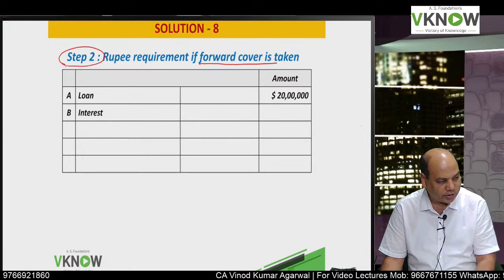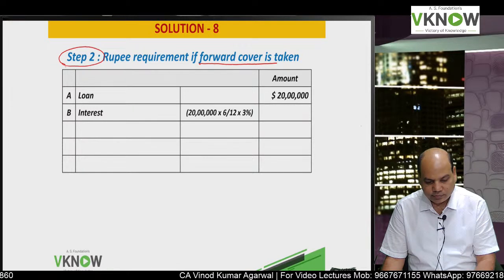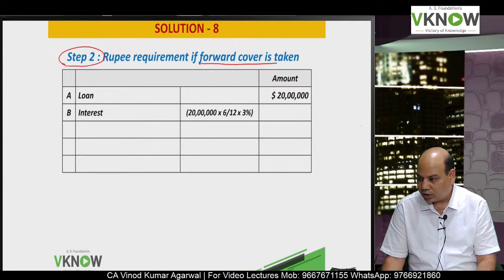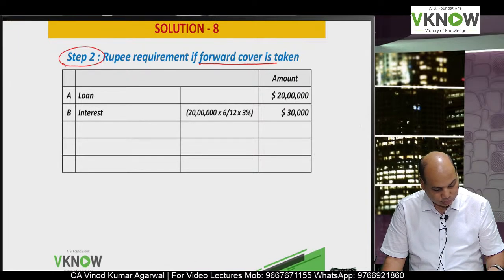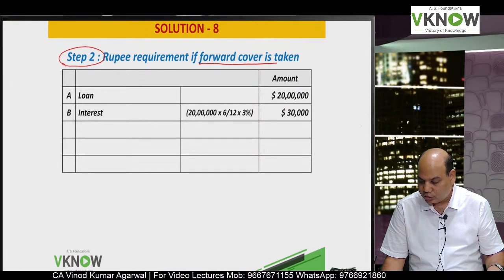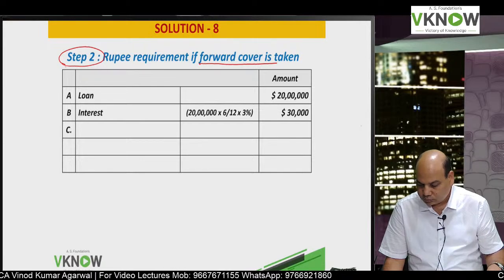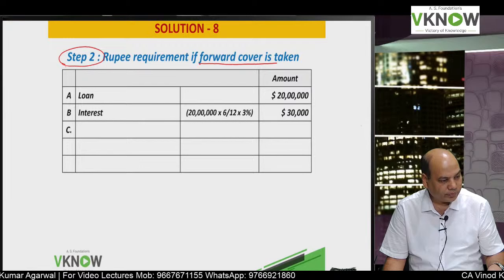Second, write down interest for 6 months: 20 lakh into 6 by 12 into 3%. That is $30,000. Check the answer, $30,000.